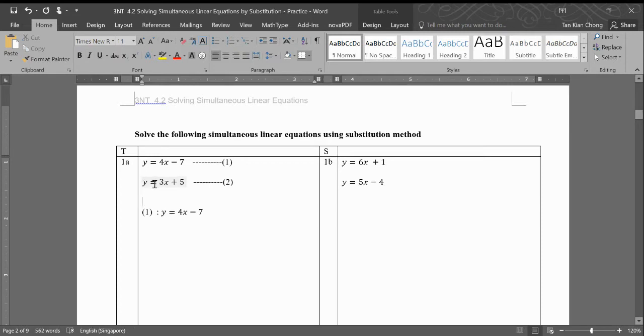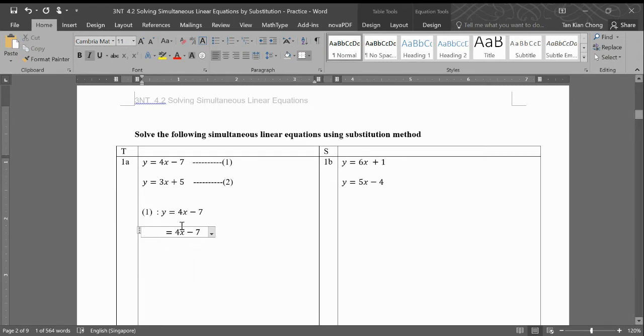It says y equals 3x plus 5. Since the second equation starts with the subject y, which is the same as this subject, I'll first copy this down, but this time around, I'm going to replace the value of y.